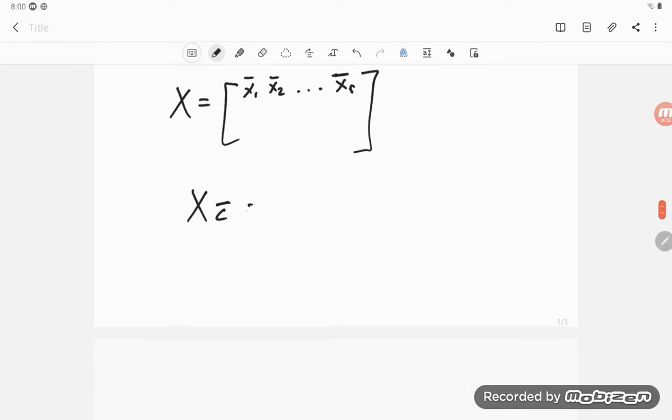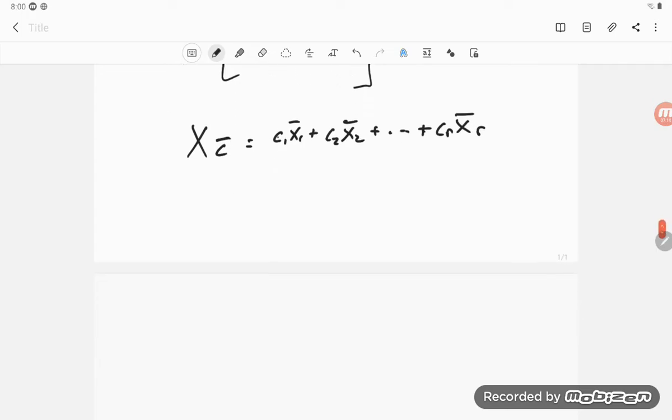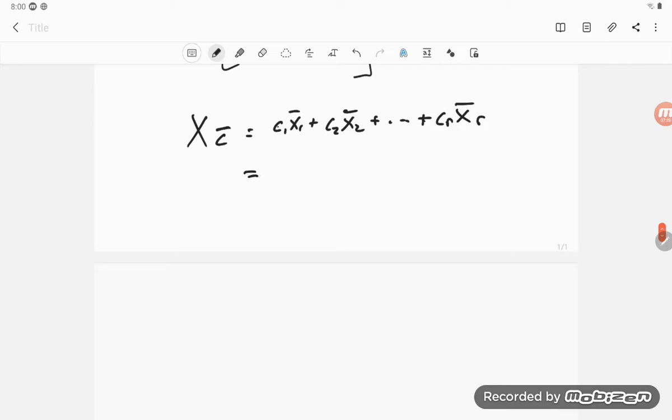Well, what I've done is I've taken a c1. Now notice this is the real number c1, not the vector c1. c1 x1 plus c2 x2 plus all the way to my cr xr. Okay, but now I can substitute in, and maybe c wasn't the best choice in hindsight.